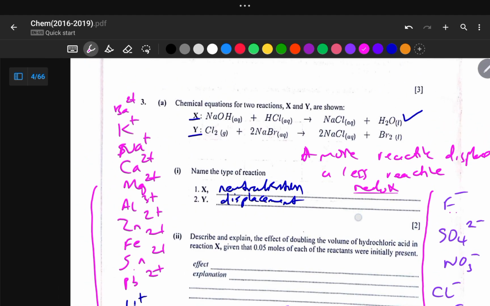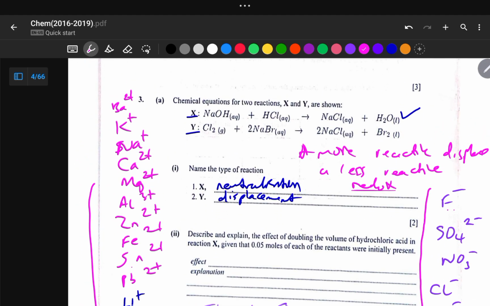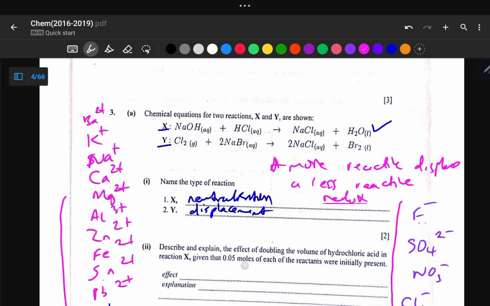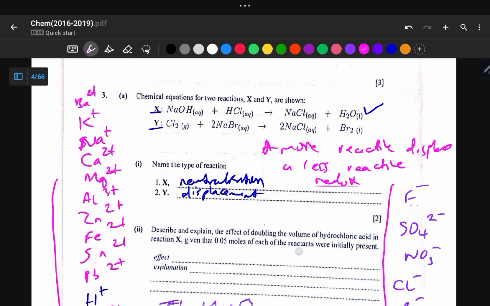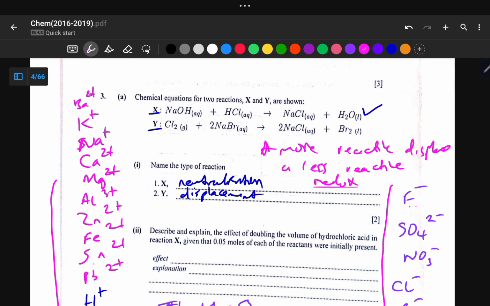So you should understand the terms oxidizing agent and reducing agent, and remember how to write the half equations for both. This is very applicable in electrolysis when we write the half equations, right? So we are going to wrap this up for the purpose of the question.